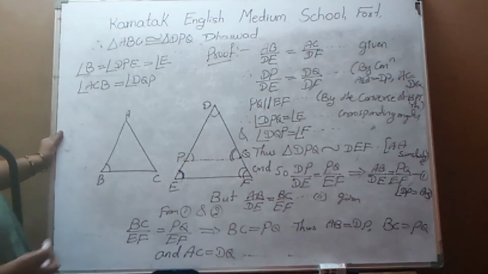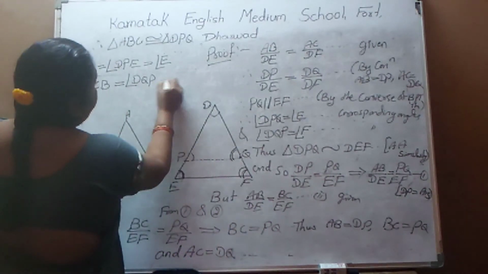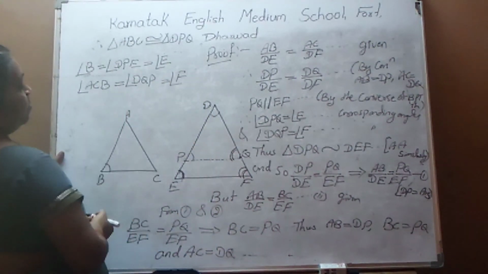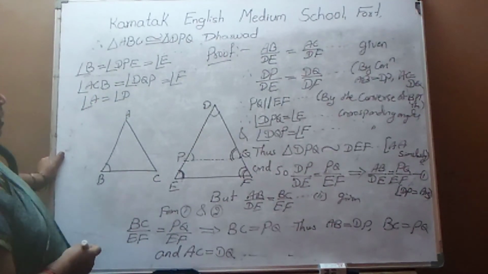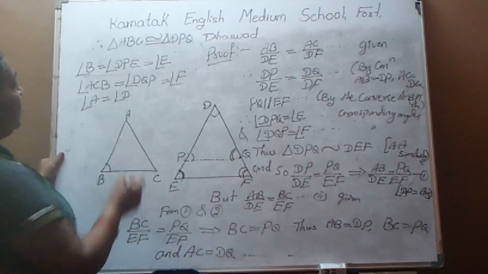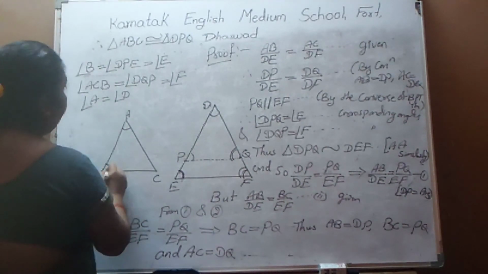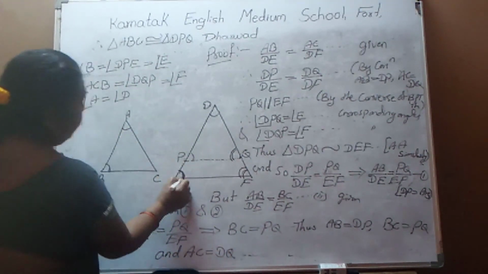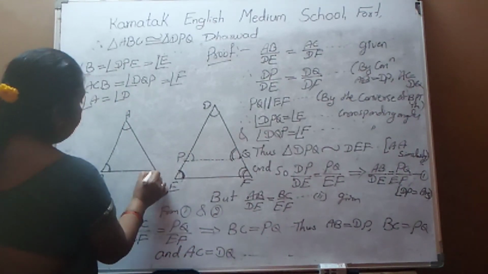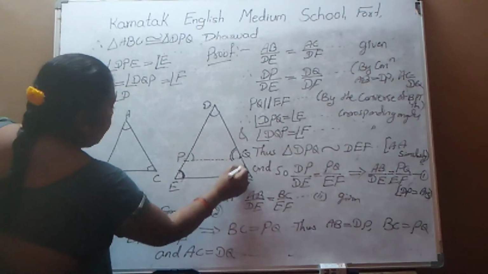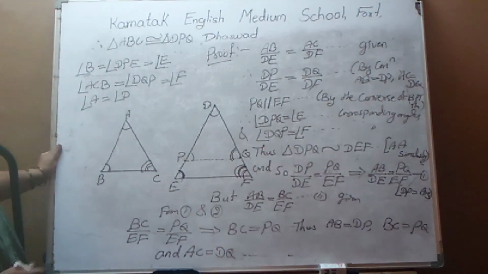This DQP, you proved angle F. Then, angle A equal to angle D. Observe here. Angle A is equal to angle D. Angle B is equal to angle E. Angle ACB, this is C, this angle is equal to this angle. So, all the three angles are equal.